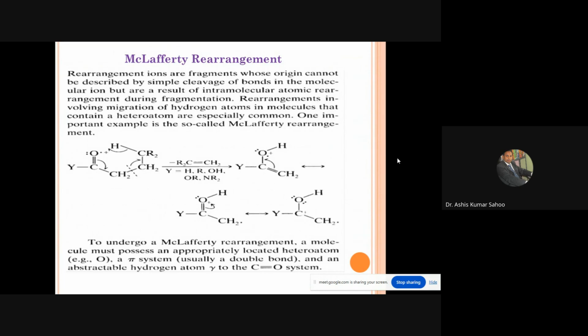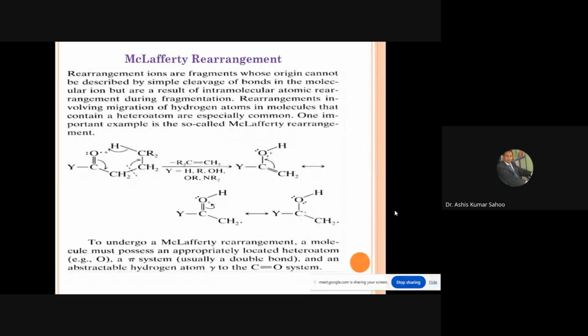But due to intramolecular atomic rearrangement, involving migration of a hydrogen atom in molecules that contain a heteroatom, we'll get this compound.